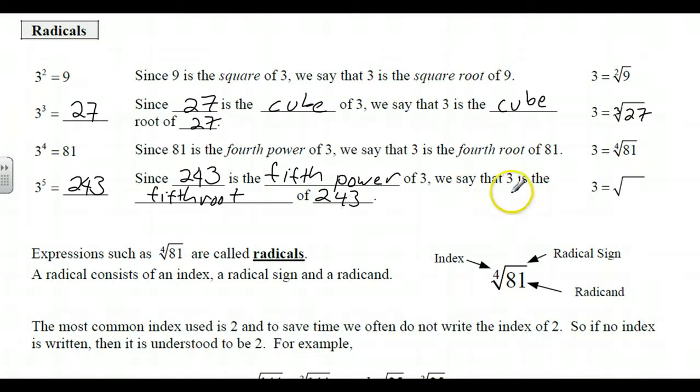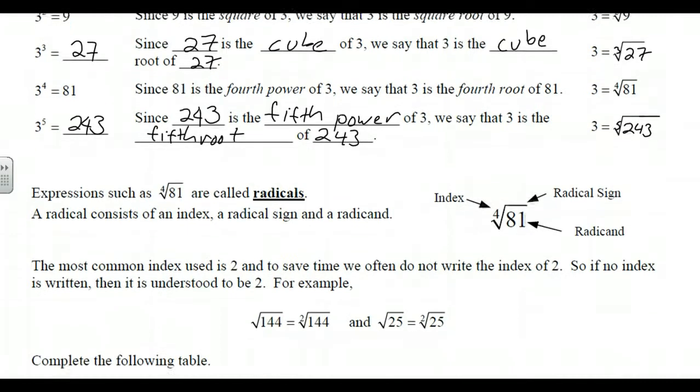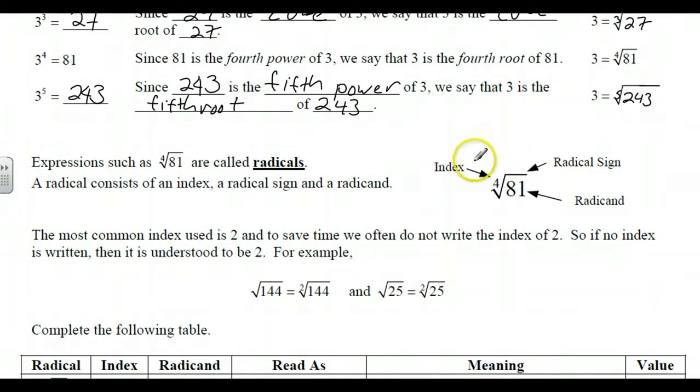To indicate 5th root, we put a 5 in here, that's the index, and we write the number 243. And here I'm going to extend this out. This should cover the whole radicand. Expressions such as the 4th root of 81 are called radicals.